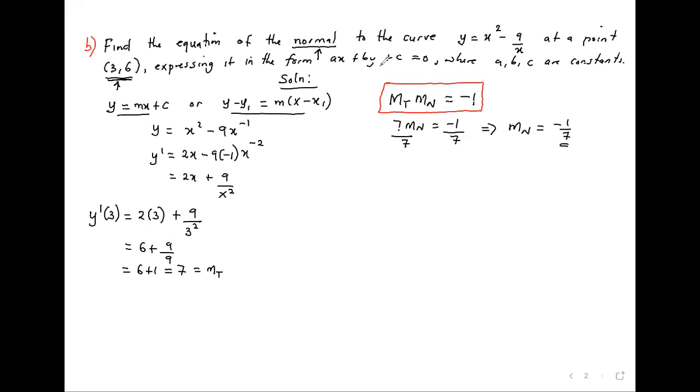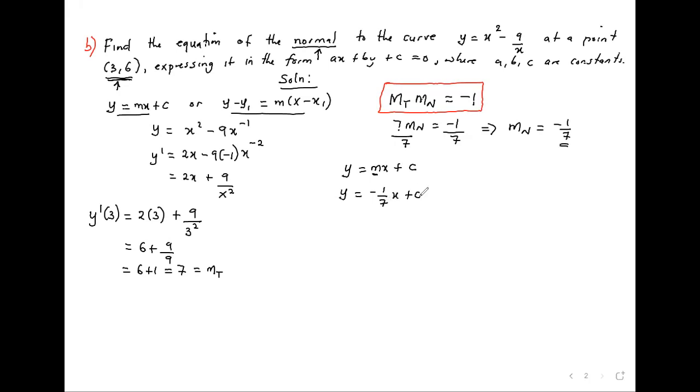Now that we have the gradient of the normal, whose equation we are looking for, we go back to y is equal to mx plus c. And where there is m, we have the m now. It is -1 over 7.